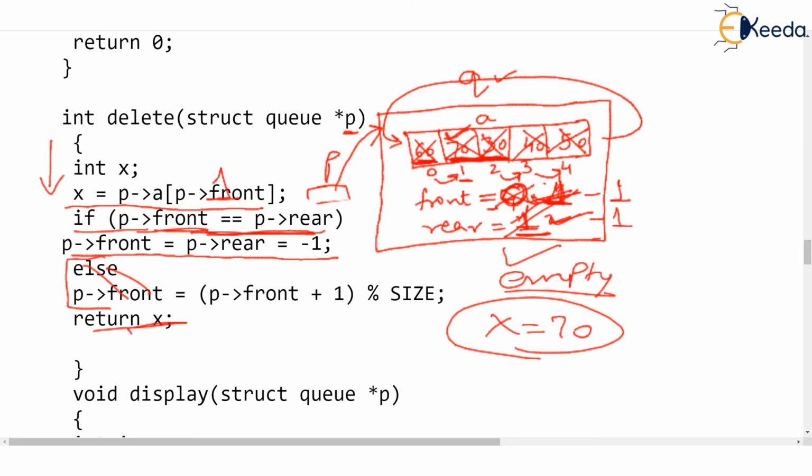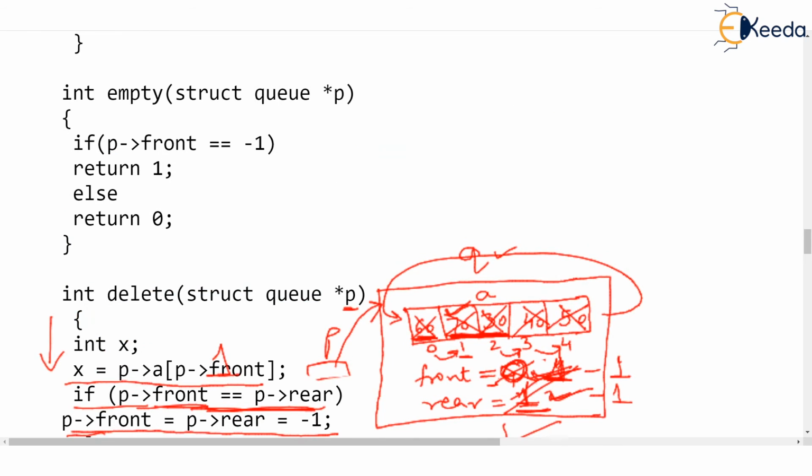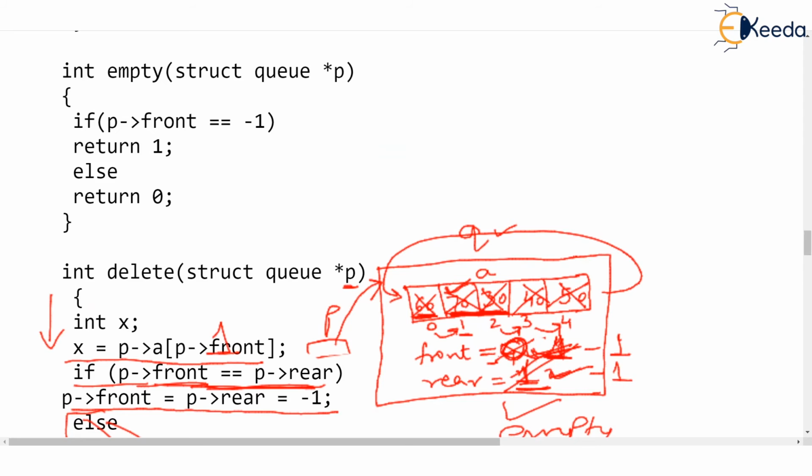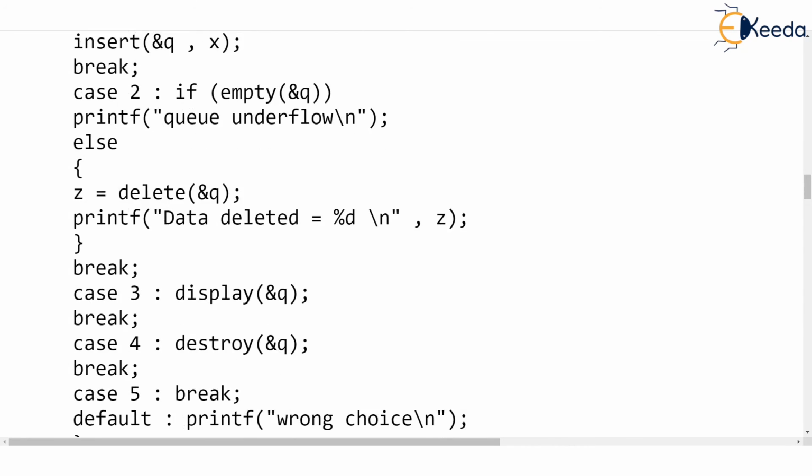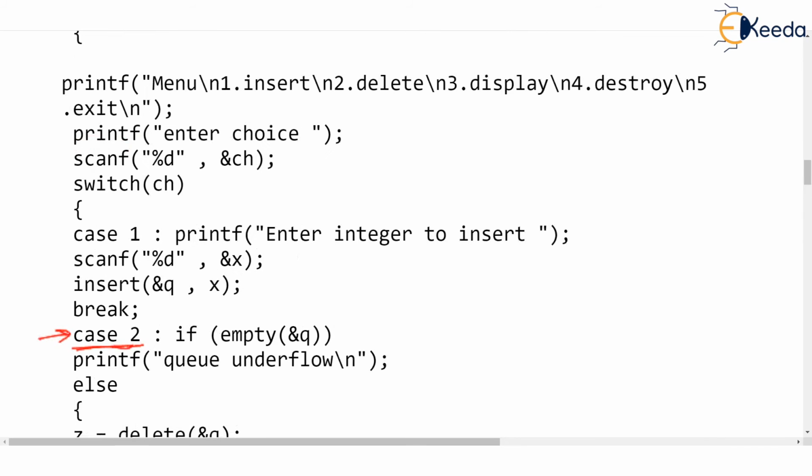We have also written the empty function as usual, and you know that the queue is empty if p->front is minus 1, then return true, otherwise return false. And also this delete function is called from main in case 2 as in our earlier programs. If option 2 is given for delete, that's the option in the menu as you see.